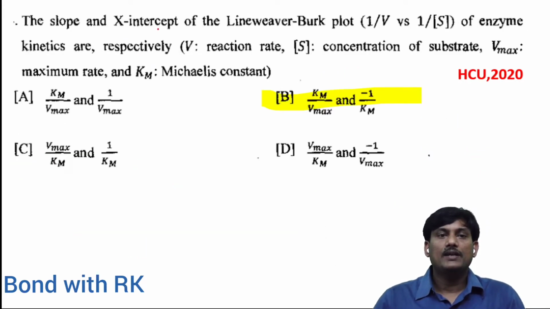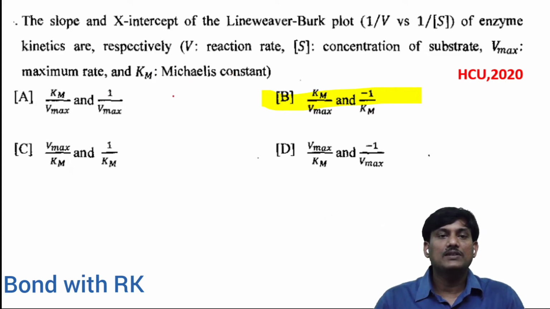The slope and x-intercept of the Lineweaver-Burk plot, respectively. This is the plot between 1 by V and 1 by S of enzyme kinetics. Here V is reaction rate, S is concentration of substrate, V maximum is maximum rate, and Km is the Michaelis constant.